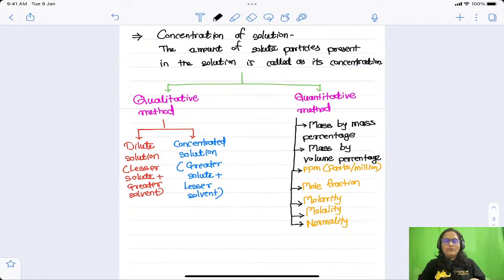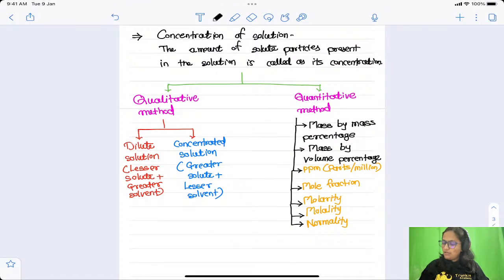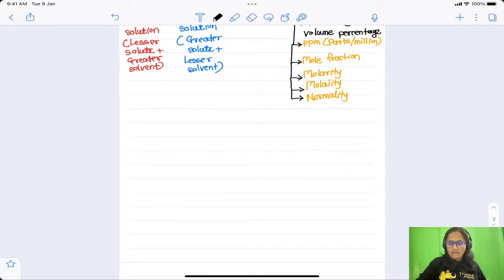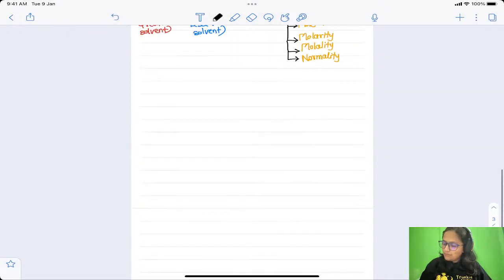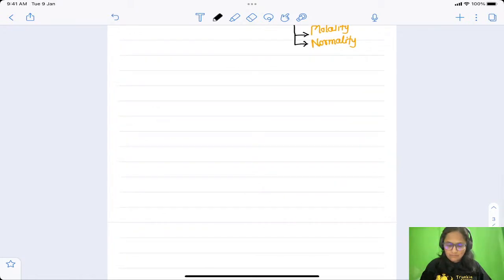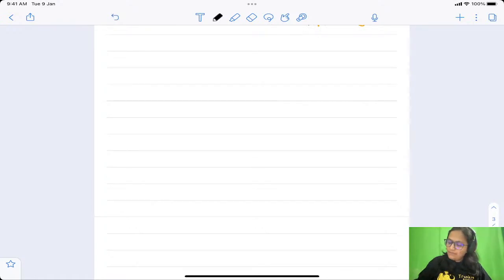Now finally we are going to discuss a few formulas related to the concentration of solutions, right? There is one simple formula you can remember. If you remember this simple formula, you will be able to remember all the formulas for the concentration of the solution. I will write that on the page first of all. Yes, so we have learned about concentration of the solution.